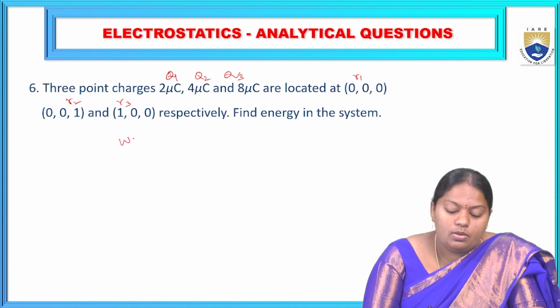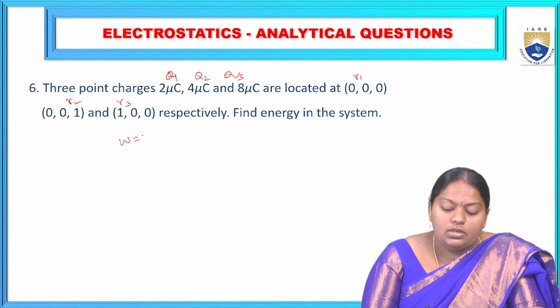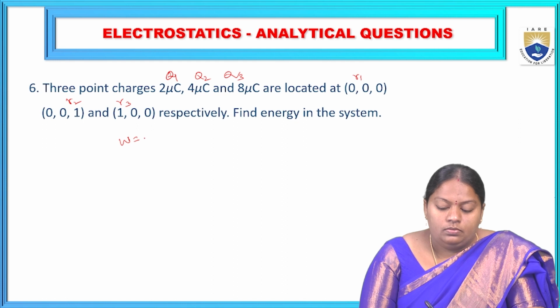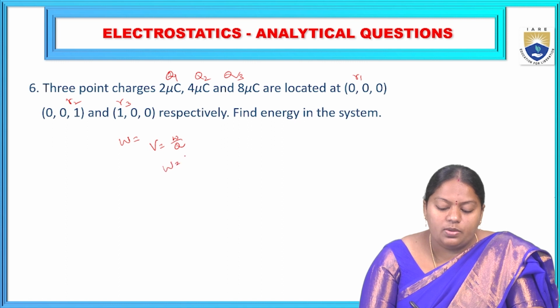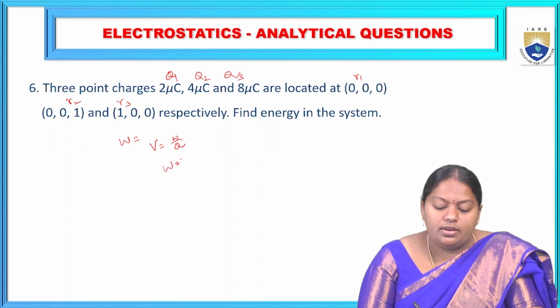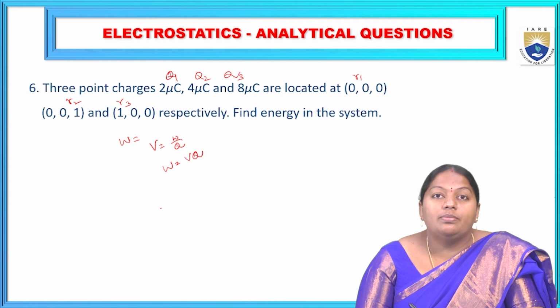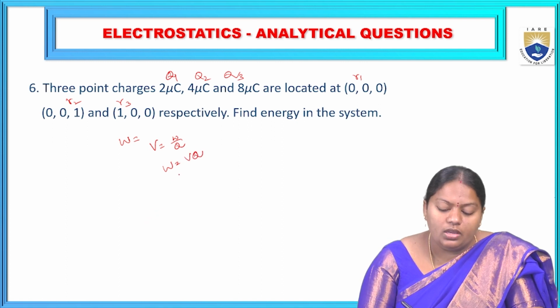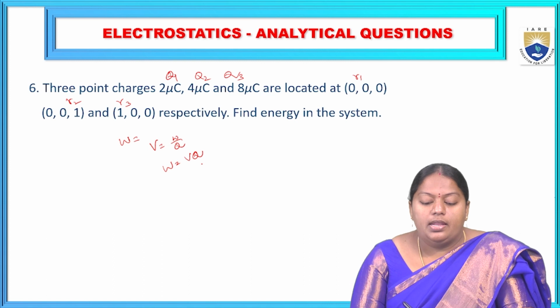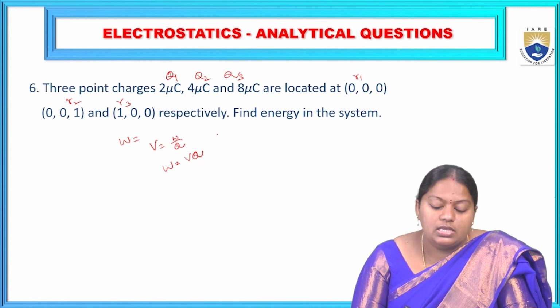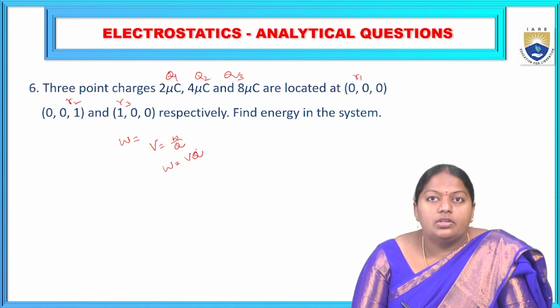And energy can be given by work done per unit charge. W equal to... generally the potential is given as work done per unit charge, and to get work done we need to multiply; to calculate energy, V into Q can be considered. So VAB and VBC, similarly VCA, can be calculated, from 1 to 2, 2 to 3 and 3 to 1.